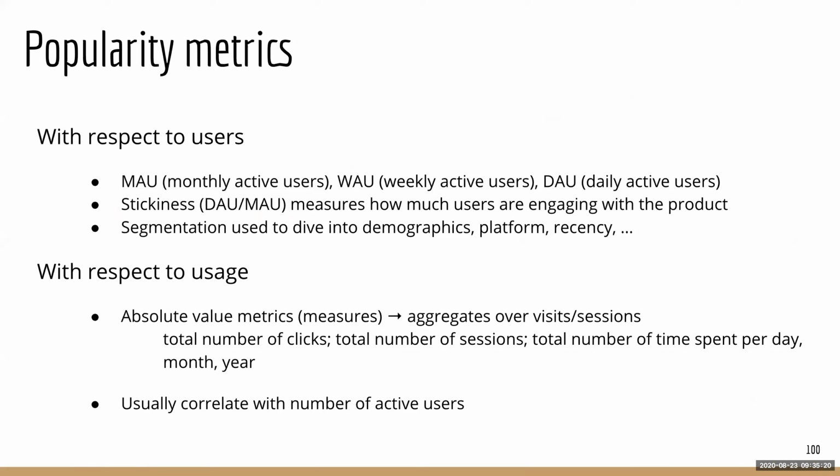And a lot of what is important to do is to segment, to dive down into demographic, platform, recency. And then you have the other way, which is the total usage, independently of the user. So this is further aggregation and so on. So one with respect to user, one with respect to usage, they kind of correlate. But there's also another way to look at it.